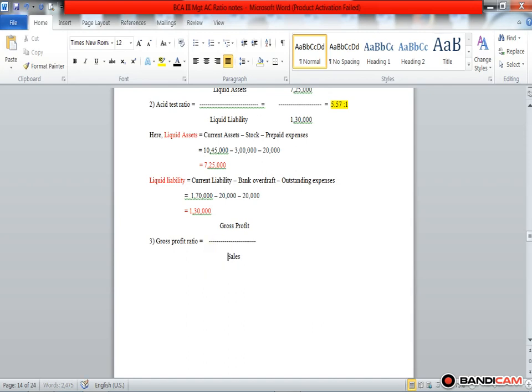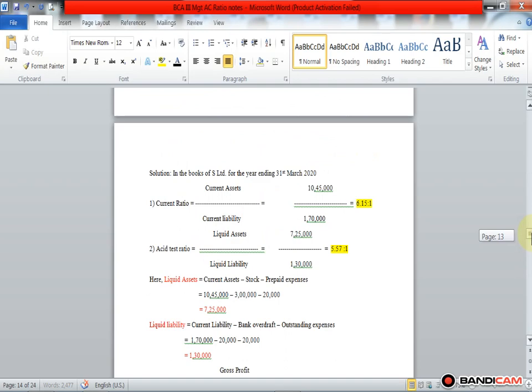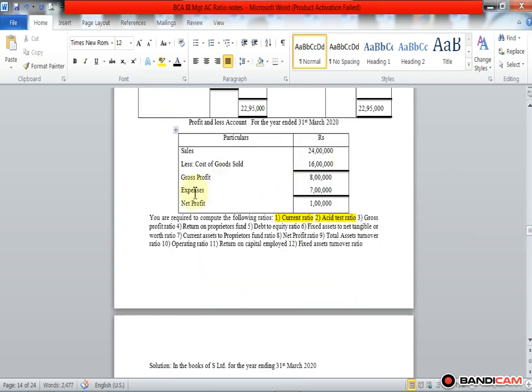Gross profit divided by sales into 100. In our problem, gross profit is also given here. 8 lakh is the gross profit of Yes Limited.